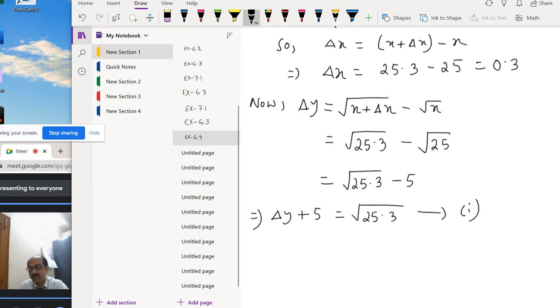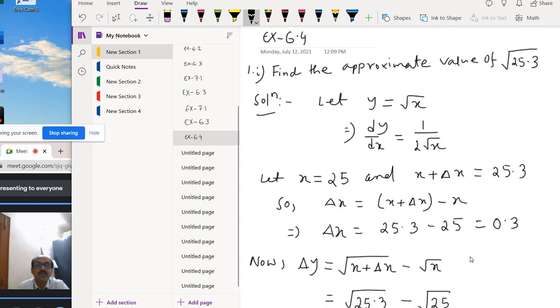Now dy is approximately equal to delta y, and dy is given by dy by dx into delta x.